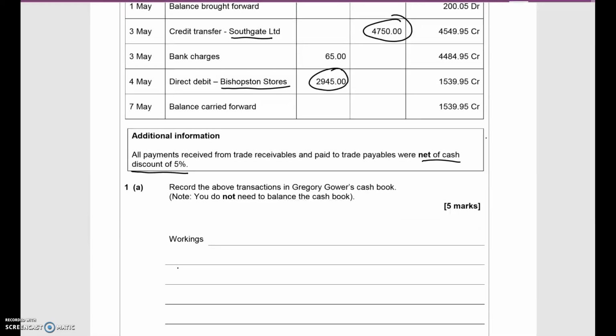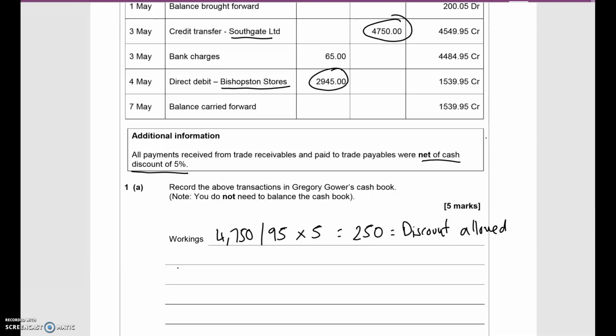So for the first one, we have 4,750 divided by 95, because that's your net percentage, times by your 5%, which is your discount, and the answer is £250. This, remember, is your discount allowed. The reason why it's allowed is that Southgate Limited is a customer, so you have allowed some discount.